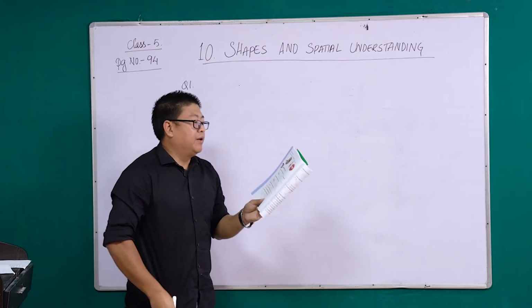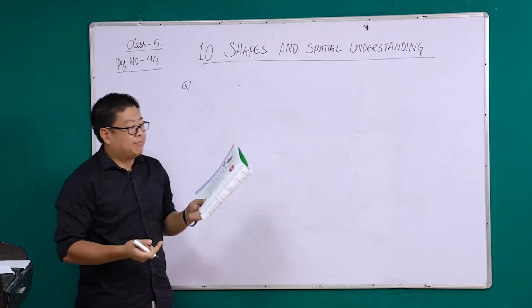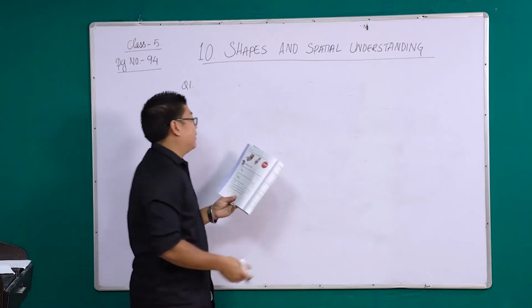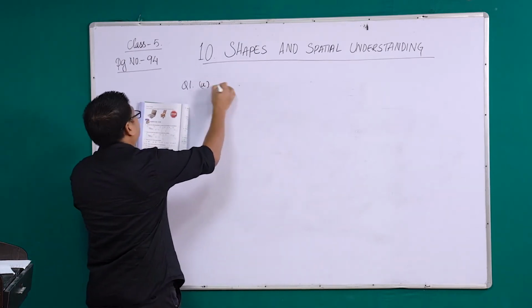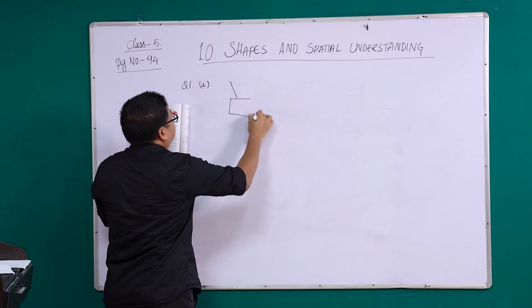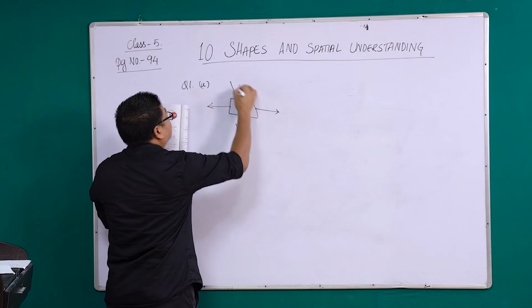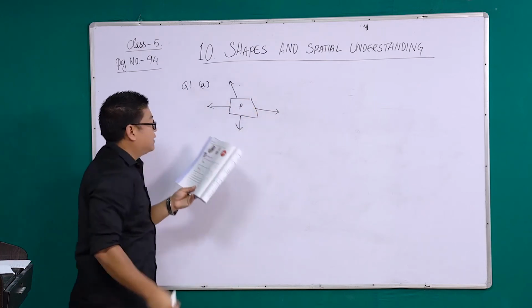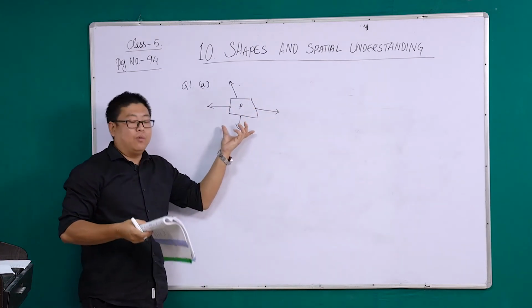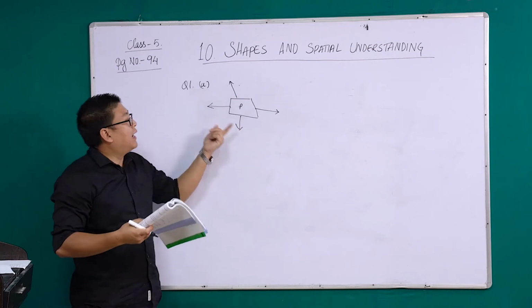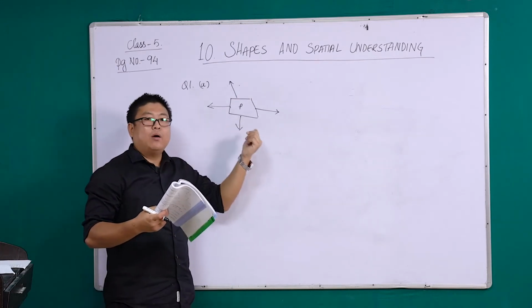Classify the following figures as point, line segment, ray, and plane. All right. So the first figure that they have given us is something like this. This is the first figure they have given us, and they want to identify if it is a point, a line segment, ray, or a plane.